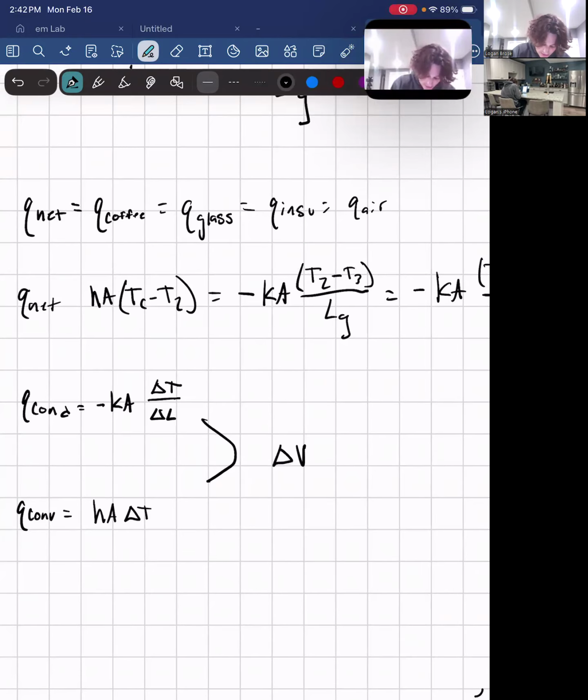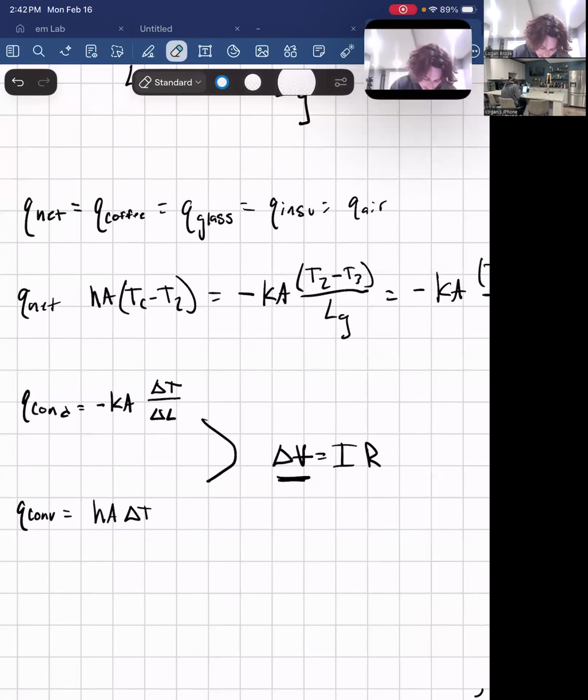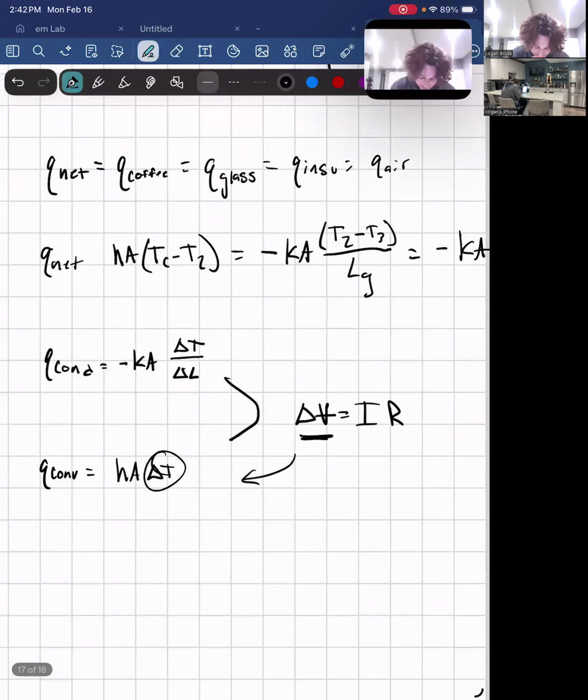Which is our change in voltage equals our current times our resistance. So when we look at this equation here, we have our change value, right? So if we come down to convection here, our change value is our temperature. So if we put that on one side, we have delta T equals Q convection times 1 over HA.